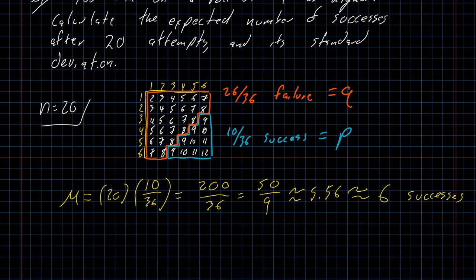So round to the nearest whole number and call it 6 successes. Then to find the standard deviation, we want to take the square root of n, which is still 20, times p, which is 10 over 36, times q, which is 26 over 36.